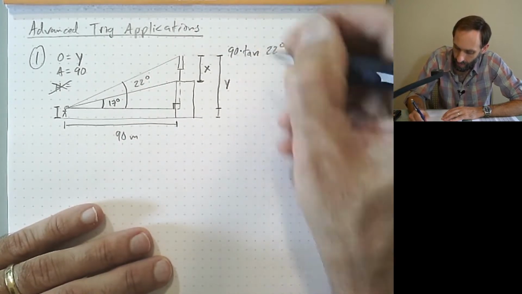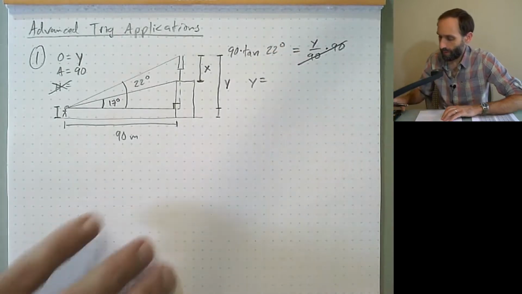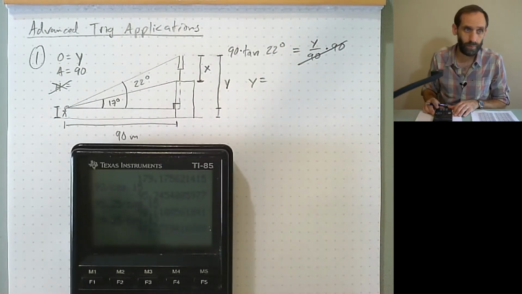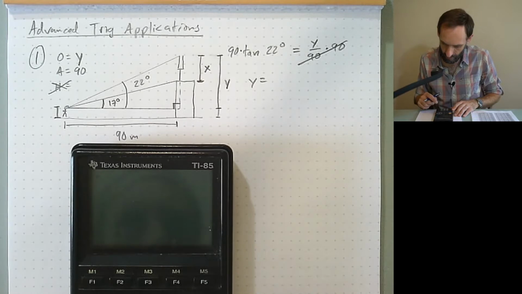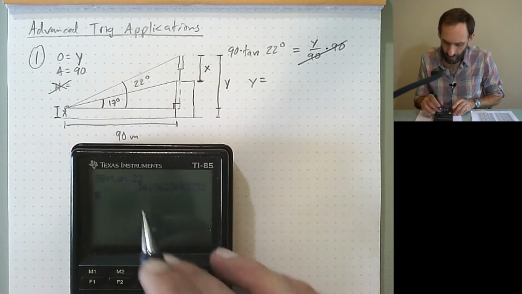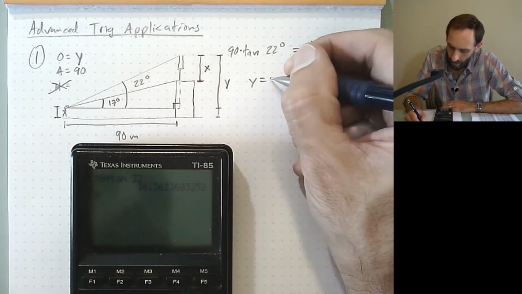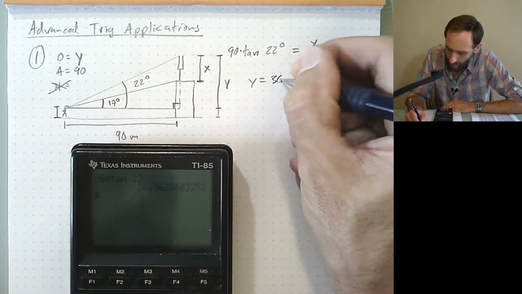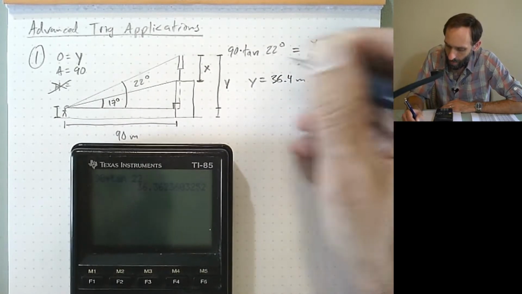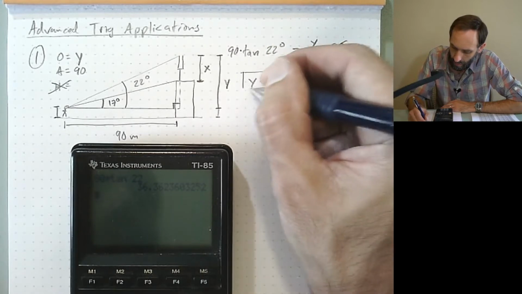And I can plug this in my calculator, and I will get, let's see, 90 times the tangent of 22 degrees. That's 36.3, we'll say 36.4 meters. So 36.4 meters.